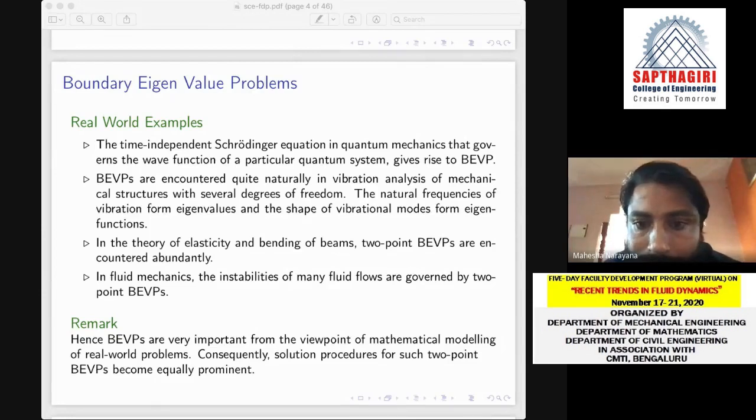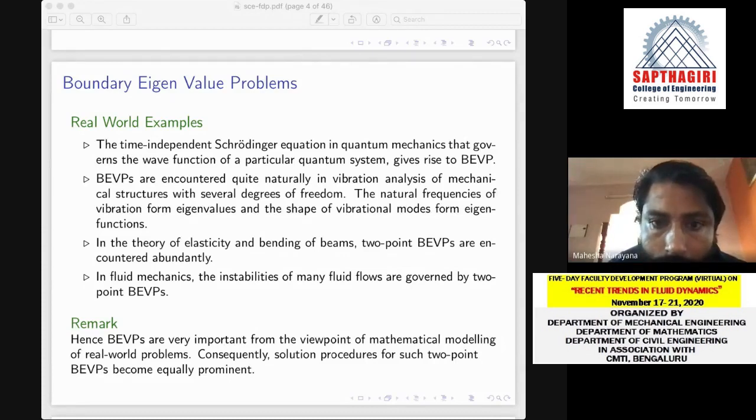And in the theory of elasticity and bending of beams, 2-point boundary value problems are encountered abundantly. And in fluid mechanics too, instability problems of many fluid flows also give rise to 2-point boundary eigenvalue problems.